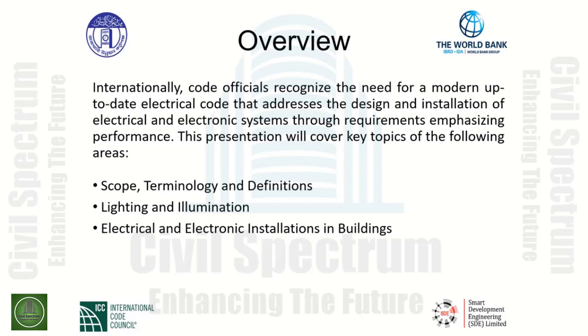We will also discuss lighting and illumination. Lighting and illumination values are given in the code to provide a minimum illumination level for different areas within our buildings. Finally, electrical and electronic installations within buildings will be covered as well.